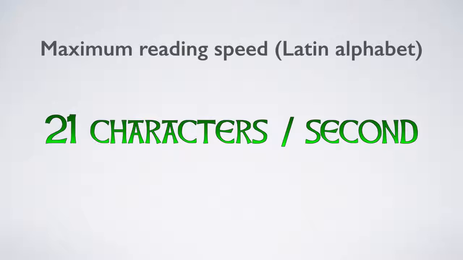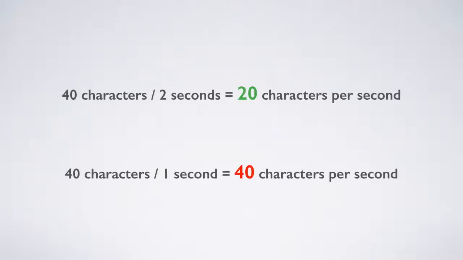Well, the reading speed tells you how long your subtitle can actually be. For example, if you have a subtitle with 40 characters, which displays for 2 seconds, you only require the viewer to read at 20 characters per second. This is easily manageable, so 40 characters would be fine in this case.